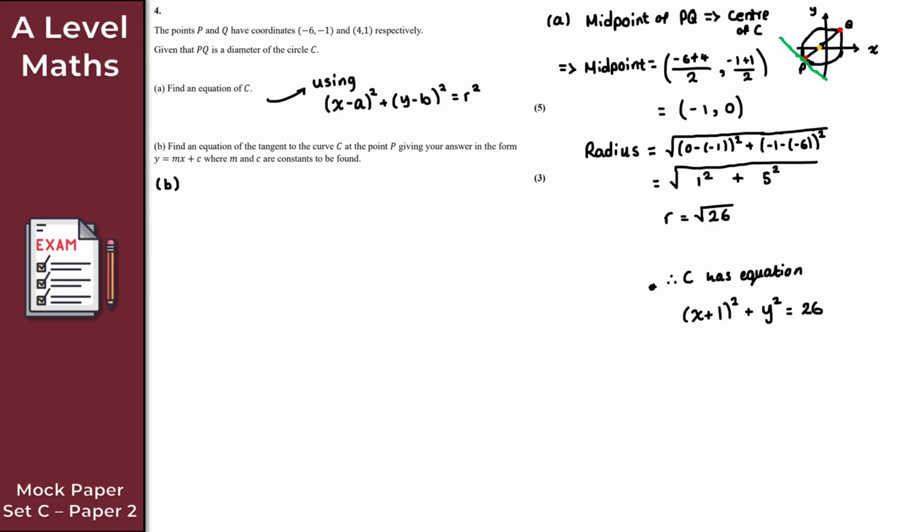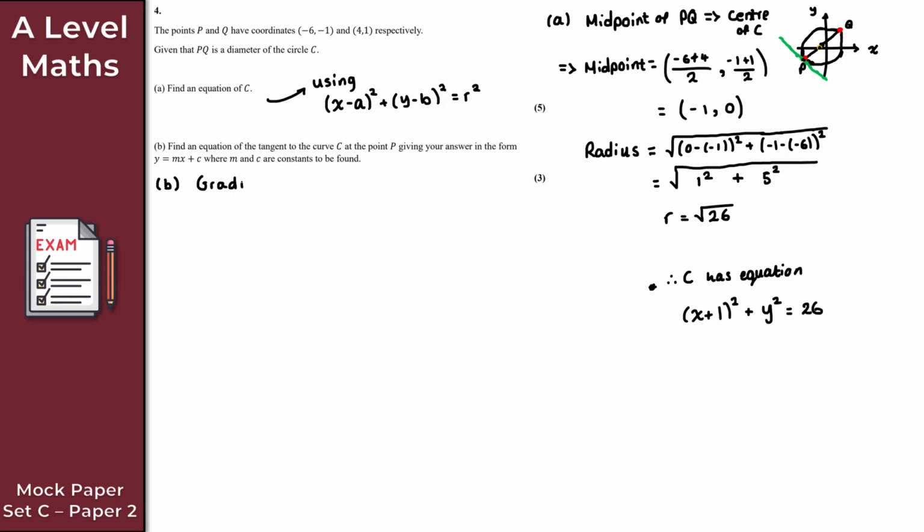So clearly, I can see straight away that the gradient here must be negative, right? So to begin with, how do we obtain that gradient for the straight line here, the tangent? Well, what I need to do to begin with here is find the gradient between this point here, P, and the center here. Okay, let's just make a note here then.